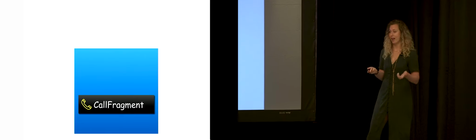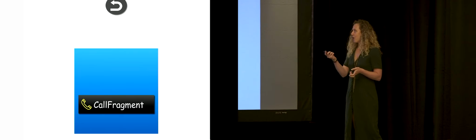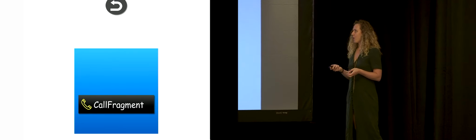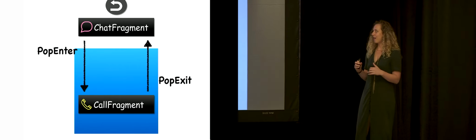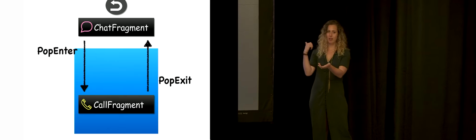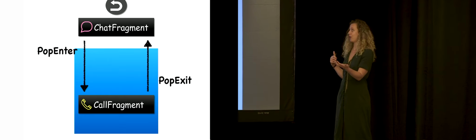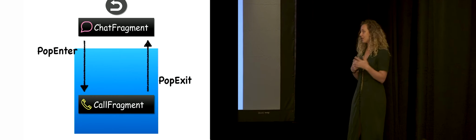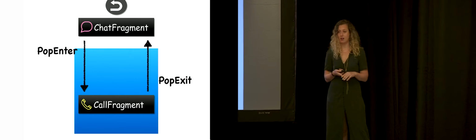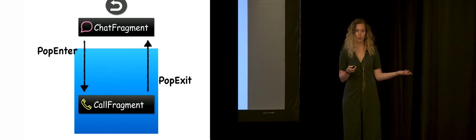And if I click back, we need to actually reverse the action that we did before, the enter and the exit. So when we click back, we'll have the pop action going on. So we'll have a pop enter for the fragment that was there before, so for the chat fragment, and pop exit to the fragment that is going to go out of the stack, which is the call fragment right now.